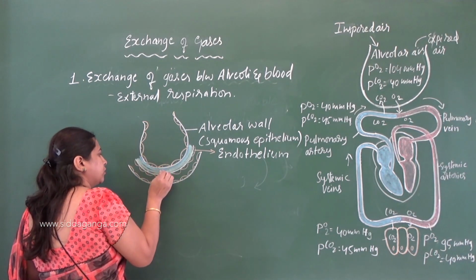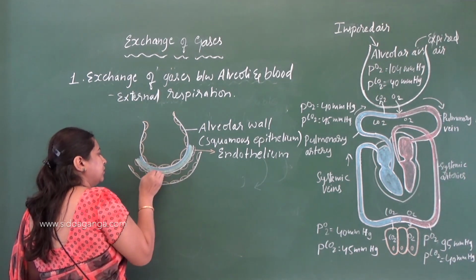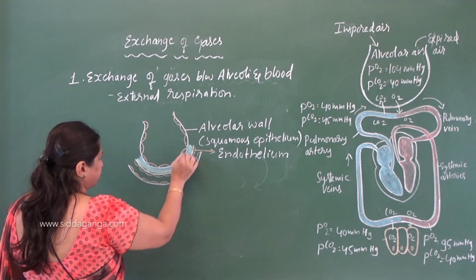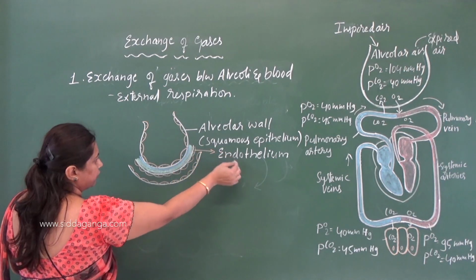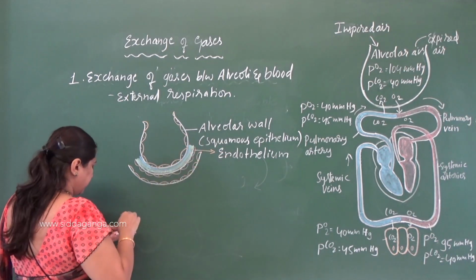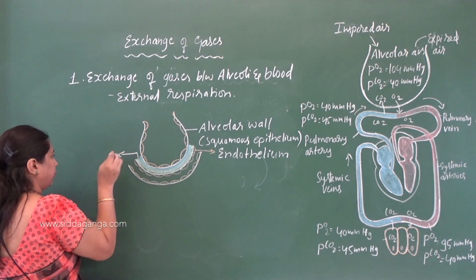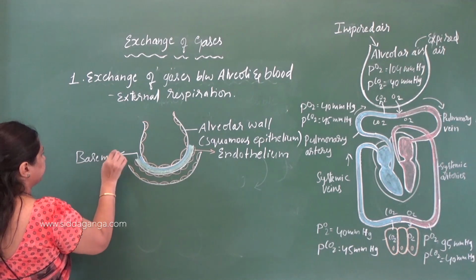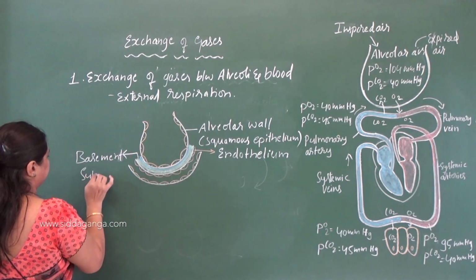So the basement membrane of the alveolar epithelium that surrounds the squamous epithelial cells and the basement membrane of the blood capillary that surrounds the endothelial cells together are called basement substance.